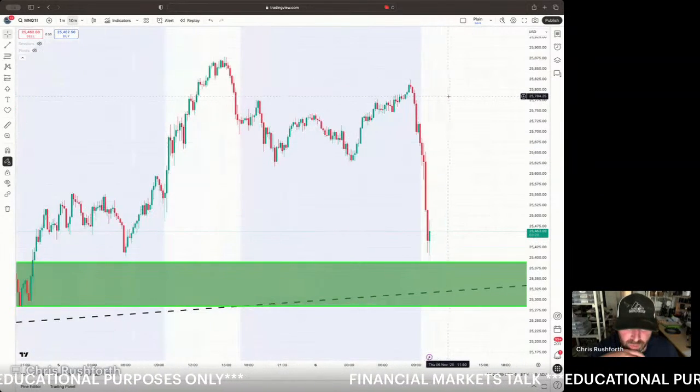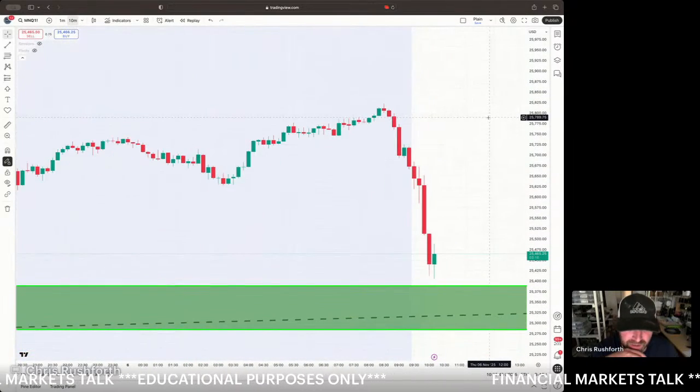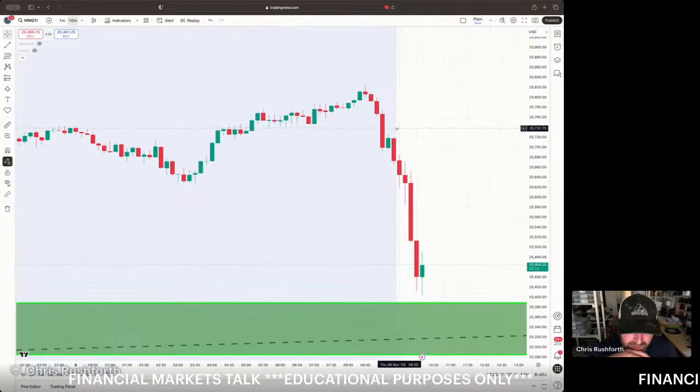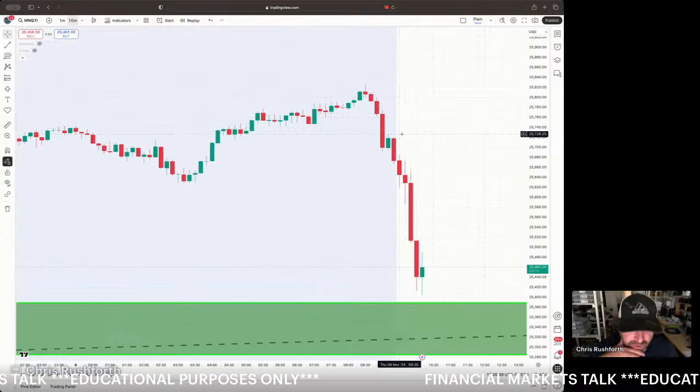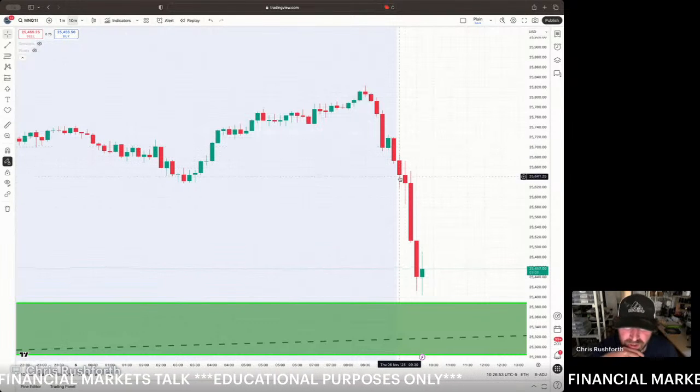So let's just take a look at where there would have been a potential trade this morning if we were trading. Right here, let's look at the 9:30 candle. This is the 9:30 candle. It closed.